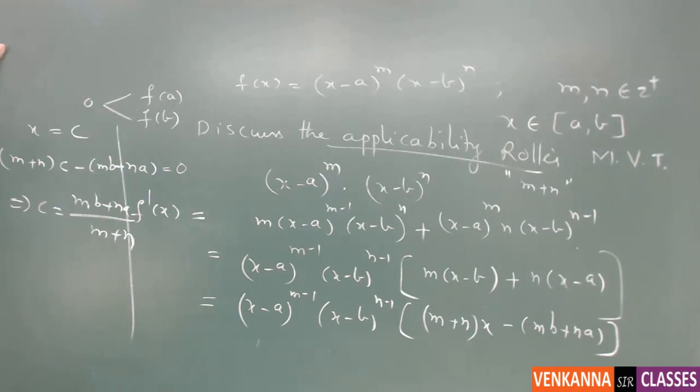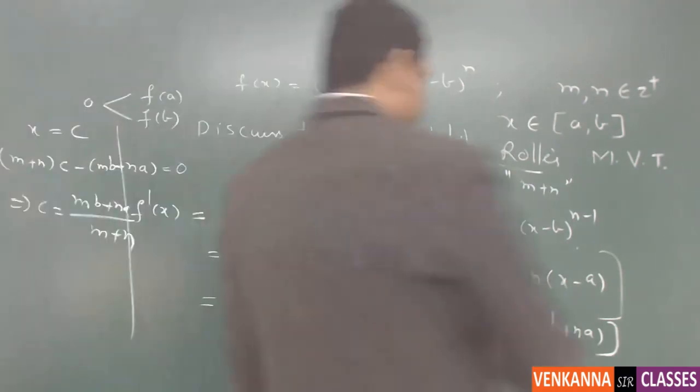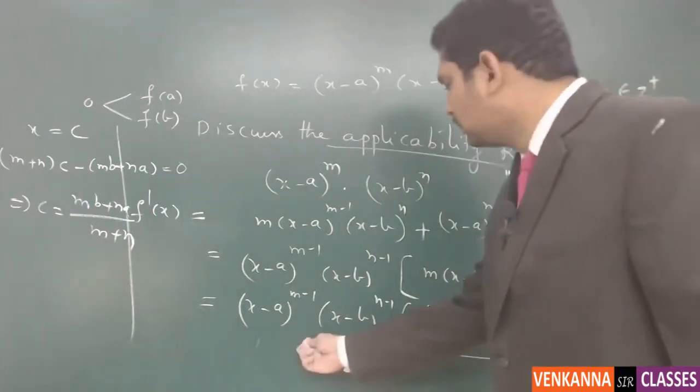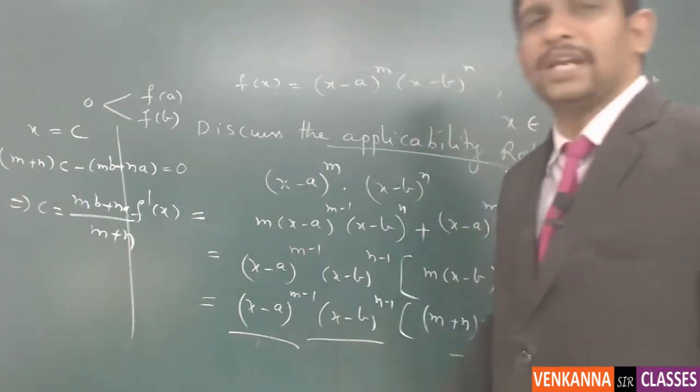In other words, you can say that C is a point which divides the segment AB in the ratio m is to n internally, because we have taken this kind of relation earlier in coordinate geometry. Please check. And from the derivative value itself, since you are making derivative equal to 0, this part will be equal to 0, this part will be equal to 0, this part will be equal to 0.